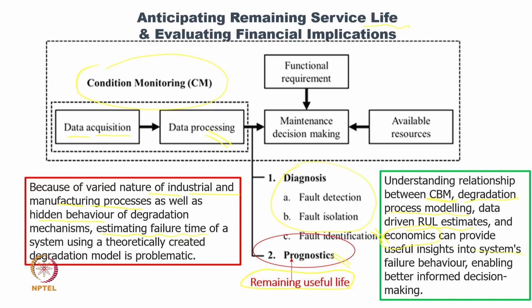That is what we require to understand the failure behavior and to take a better decision when we have this correlation available: condition monitoring based degradation and process modeling, or data driven residual useful life, and finally economics. If we are able to connect these 4-5 streams, then overall the results will be more favorable, and that is what we are going to cover in the present lecture.